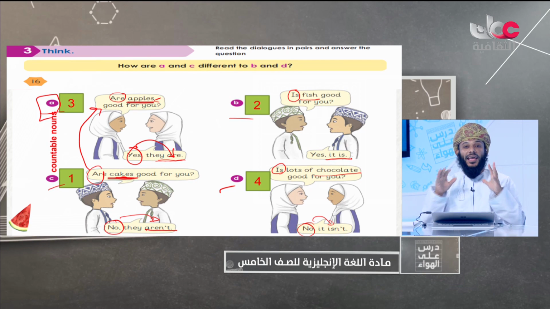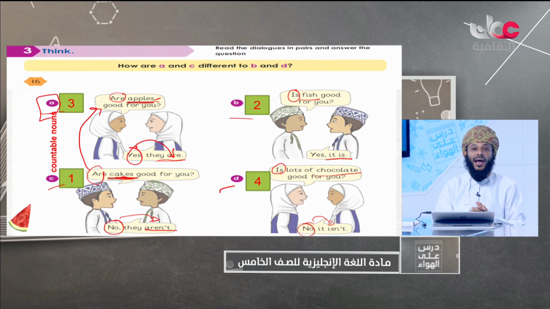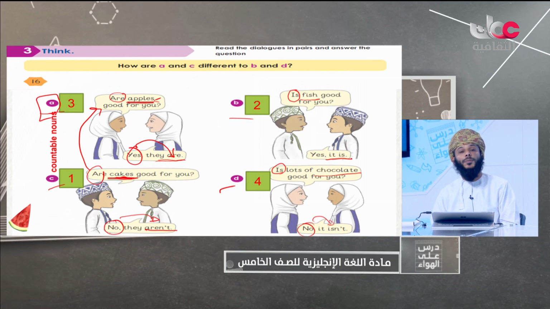If we can count the word, then it's a countable noun. With countable nouns, we add S at the end of the word. Like 1 apple, 2 apples, 5 apples, 10 apples, 20 apples. 1 eye, 2 eyes. 1 nose, 5 noses. 1 ear, 2 or 3 ears.